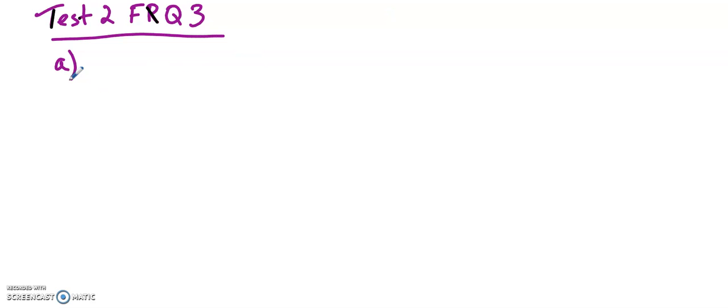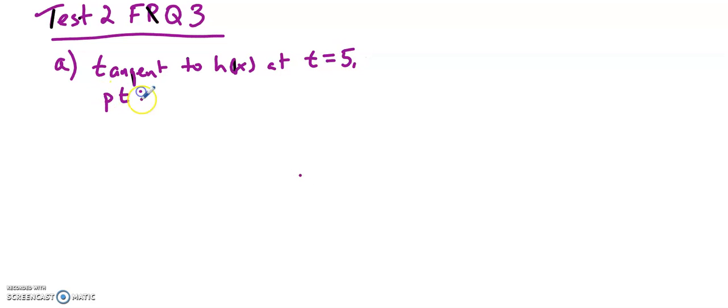All right, so to do this problem, I know I need a tangent line to the function h of t at t equals 5. So I know I need a point on my graph, and I need the slope of my tangent line. Well, you're told in the problem that when t equals 5, the depth of the water is 6 inches, so that's my point.